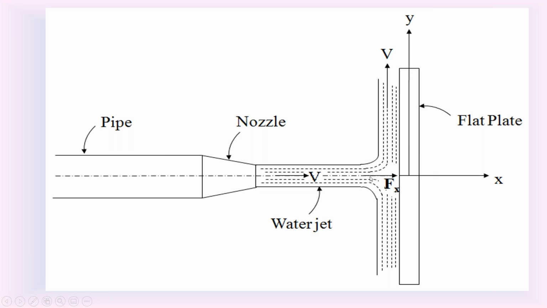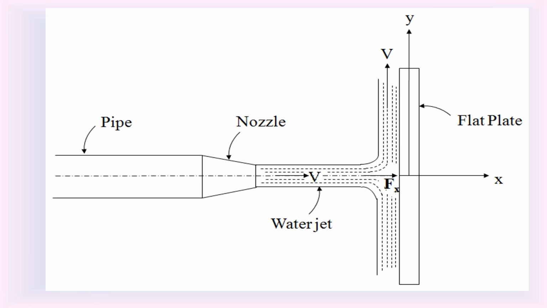We are using Newton's second law. According to Newton's second law, this horizontal force Fx is equal to the initial linear momentum of the water jet in the direction of the force Fx minus the final linear momentum of the water jet in the direction of force Fx, divided by time.